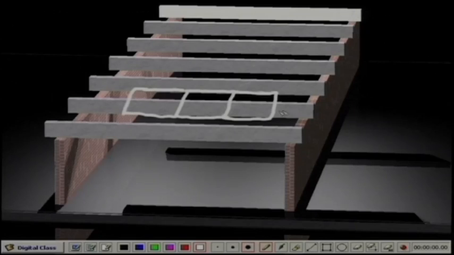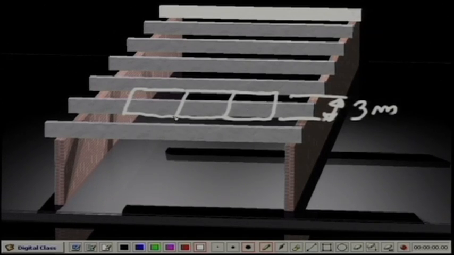Along this length you will get that, and what about this distance? Half of this is equal to 3 meter, is it not? This one is 3 meter, because of the spacing of beams.